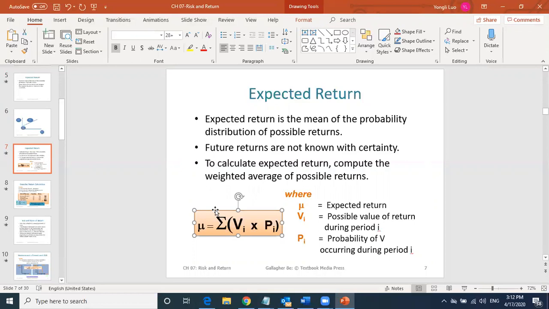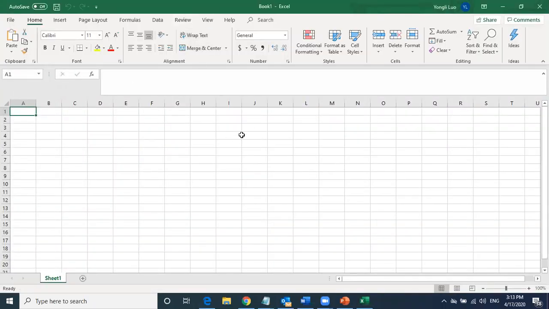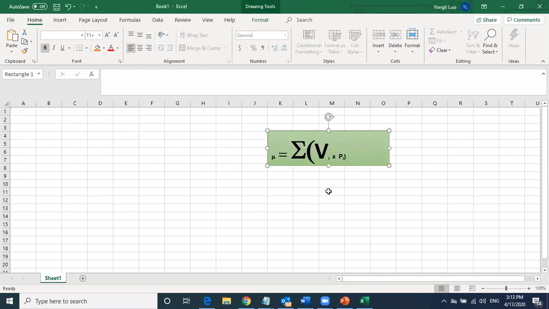So let's say you open an Excel spreadsheet. The expected return is the sum of the value times the probability.